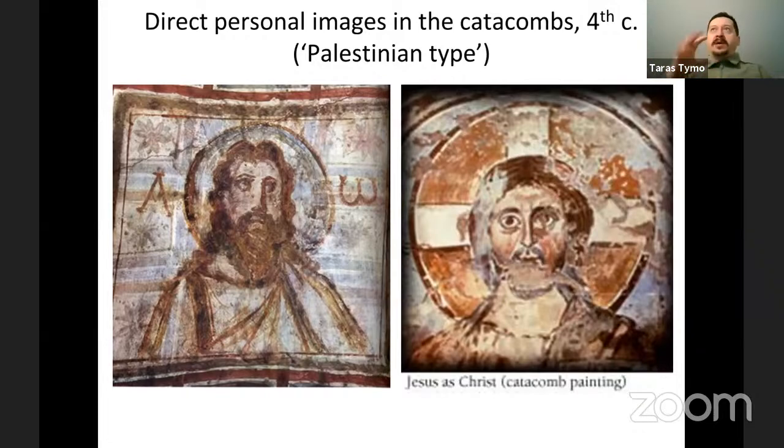So let's make, again, a conventional, stereotypical representation of an average Palestinian man or of an average Jew, and let's represent him like this in paintings. And this painting from the catacombs we have seen before is a good example of this tendency.